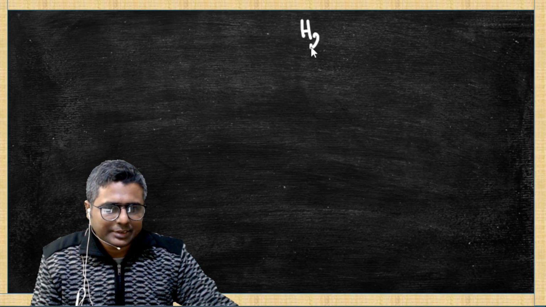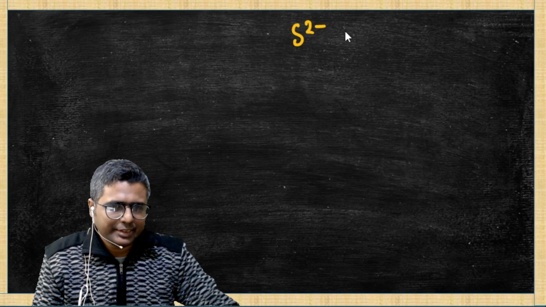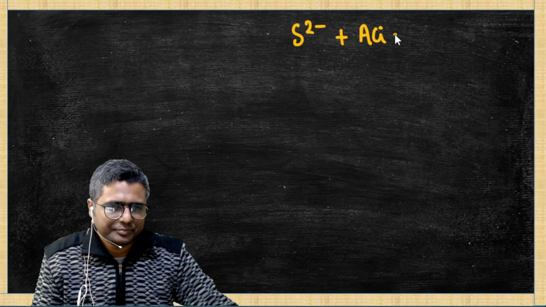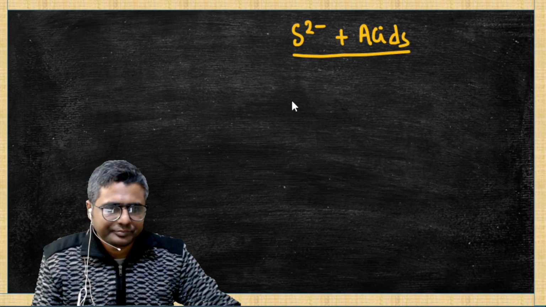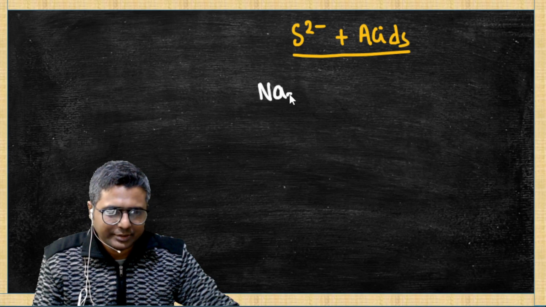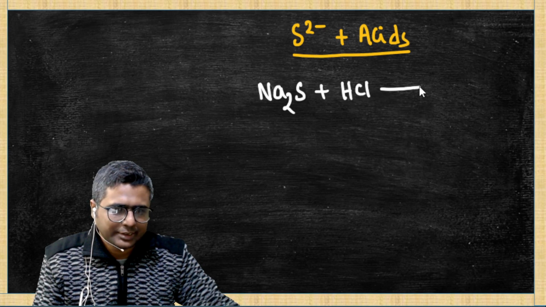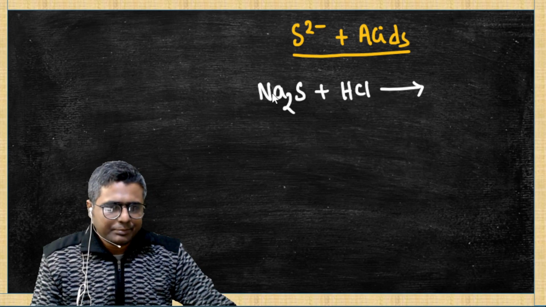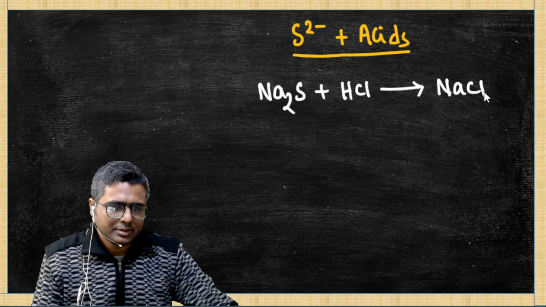Next, sulfides, S2- plus acids. So we will take a sulfide, Na2S plus acid, say HCl, dilute acid. So the reaction is very simple. Sodium will go with chlorine, so it will form NaCl plus H2S.